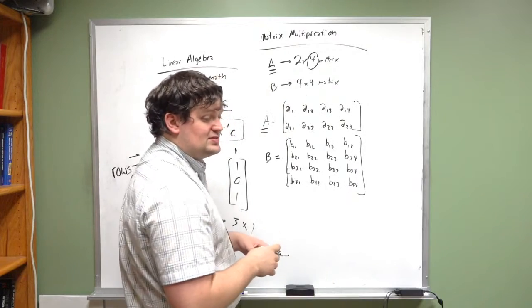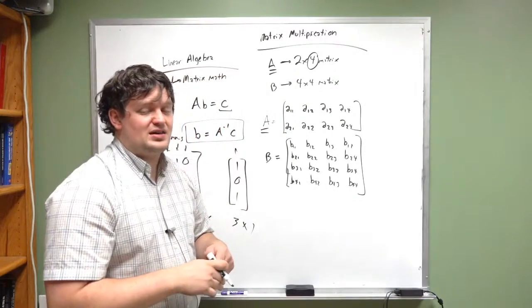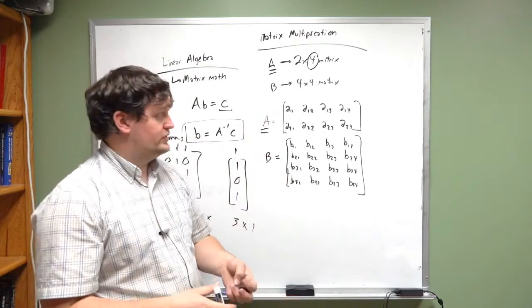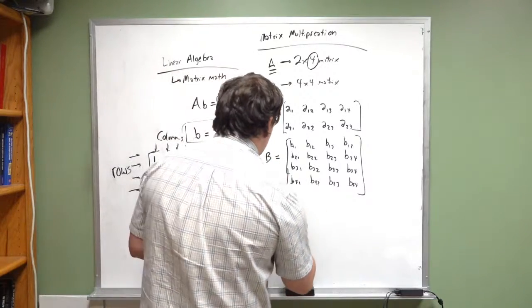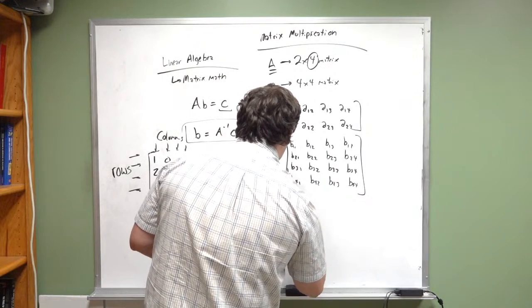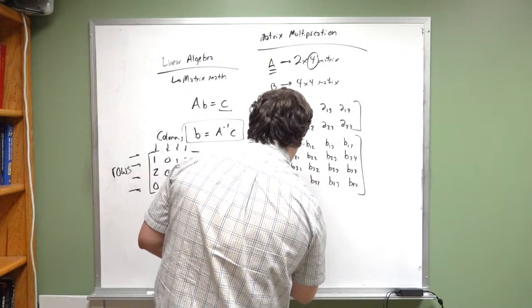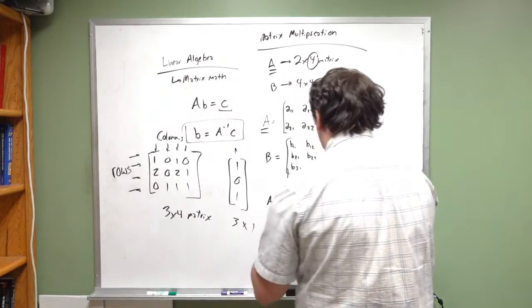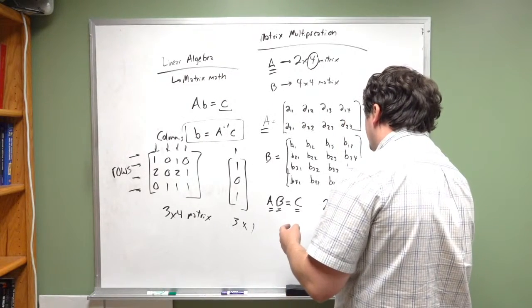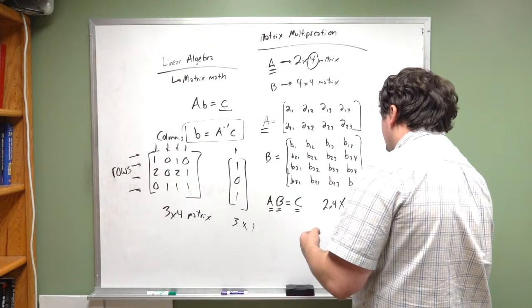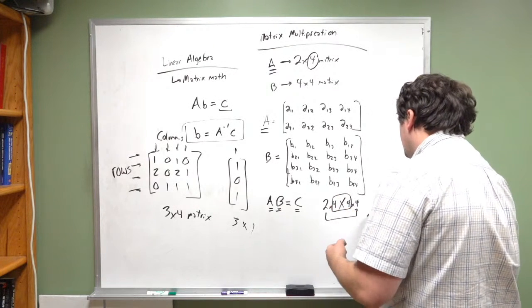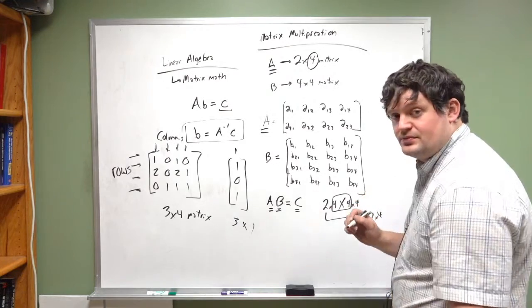When I multiply these two together, the matrix math itself gets a little bit wild. Because my end result, if I say AB is equal to C, where all three of these are matrices, first of all, what this means is I have a 2 by 4 multiplied by a 4 by 4. These two are the same, so my resulting matrix is going to be a 2 by 4 matrix.